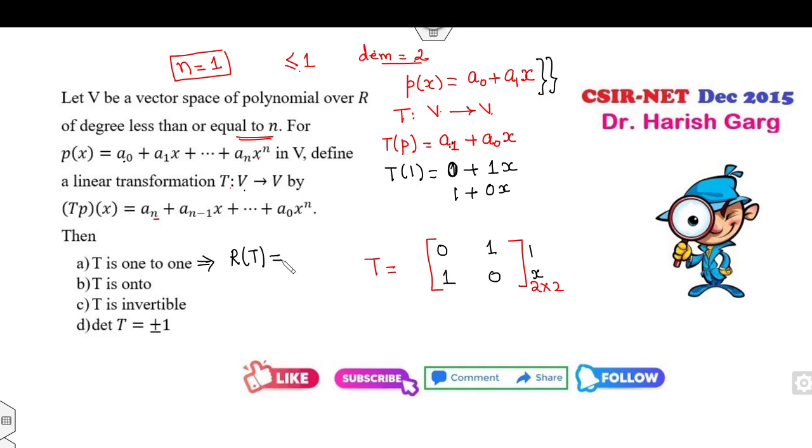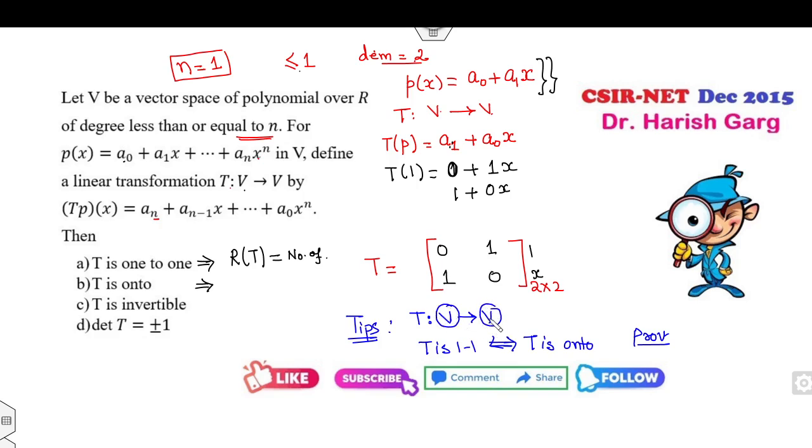Now when it is 1-1, if the rank of the matrix is the number of the column vectors, then it is 1-1. Okay, firstly I will tell you the shortcut tip that could be easy. If T is the mapping from V to V, then T is said to be 1-1 if and only if T is onto, provided the dimension of the V and V must be same.